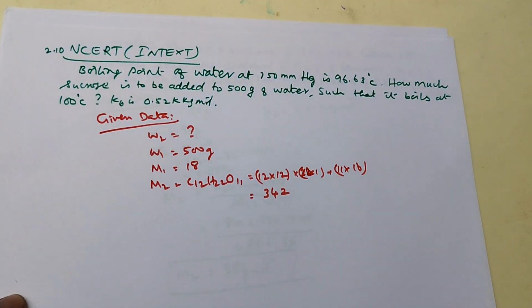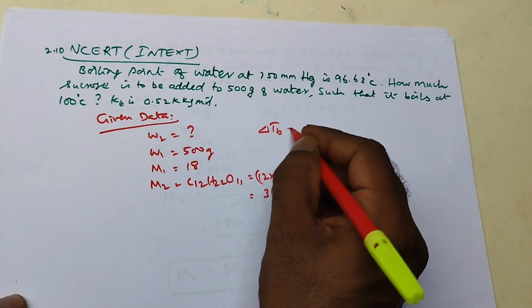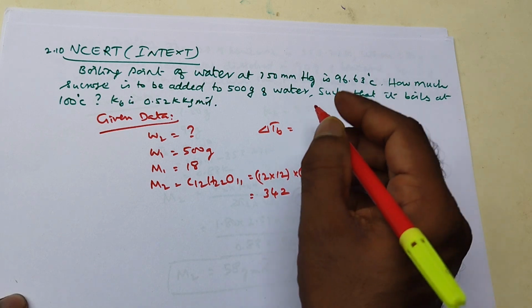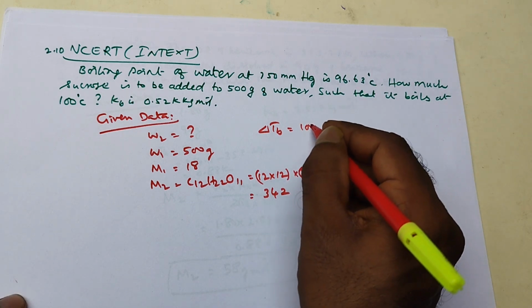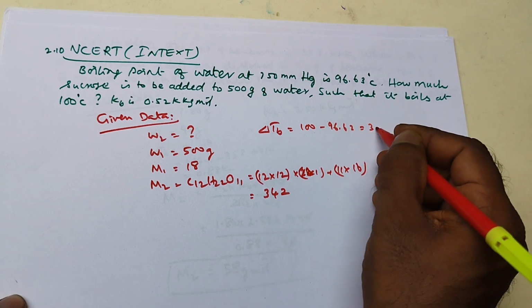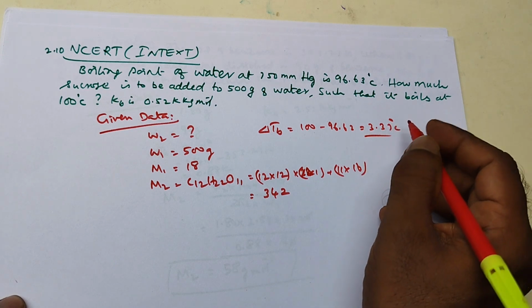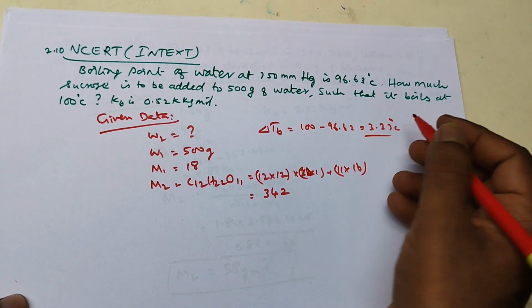That is the molar mass of solute sucrose. So what other things are given? Delta TB is also given. Delta TB is, in this particular case, 100 minus 96.63, which is equal to 3.37 degrees centigrade. That is the difference.